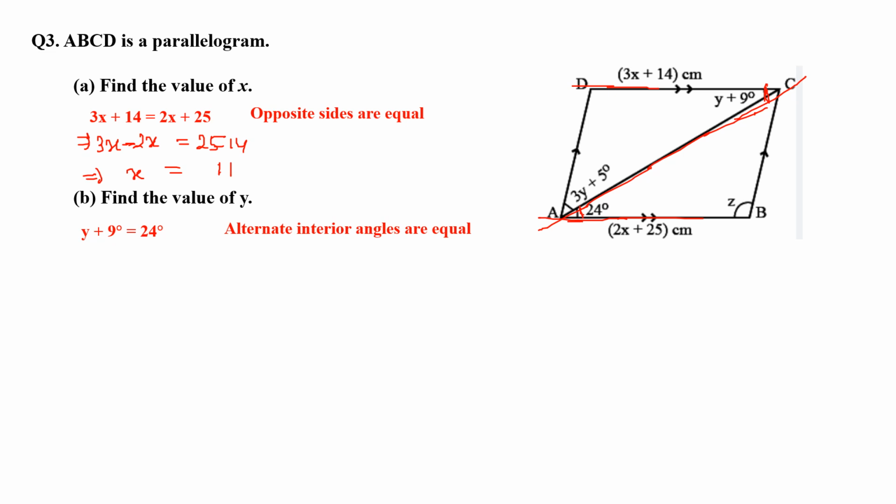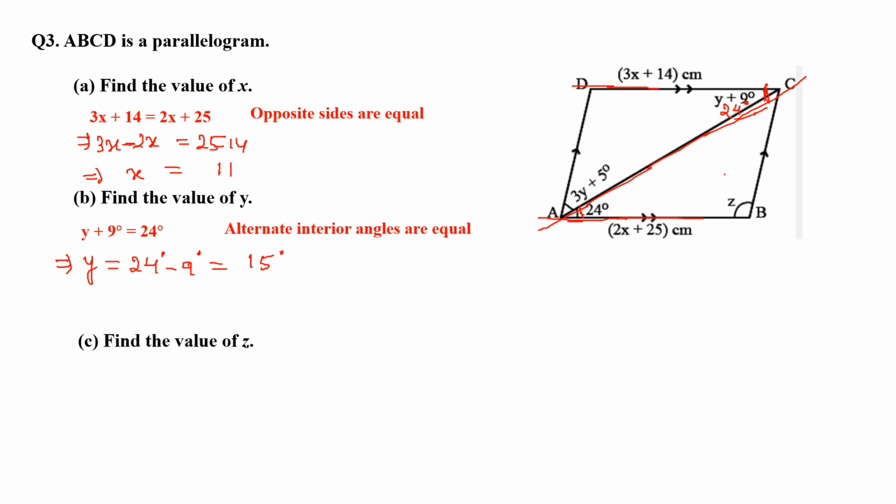So from here I can say y plus 9 degree equals 24. So the value of y will be 24 degree minus 9 degree, which gives 15 degree. This is y plus 9, and this value is equal to 24 degree because they are alternate interior angles. That's why I got my value of y as 24 degree minus 9 degree, which gives me 15 degree.